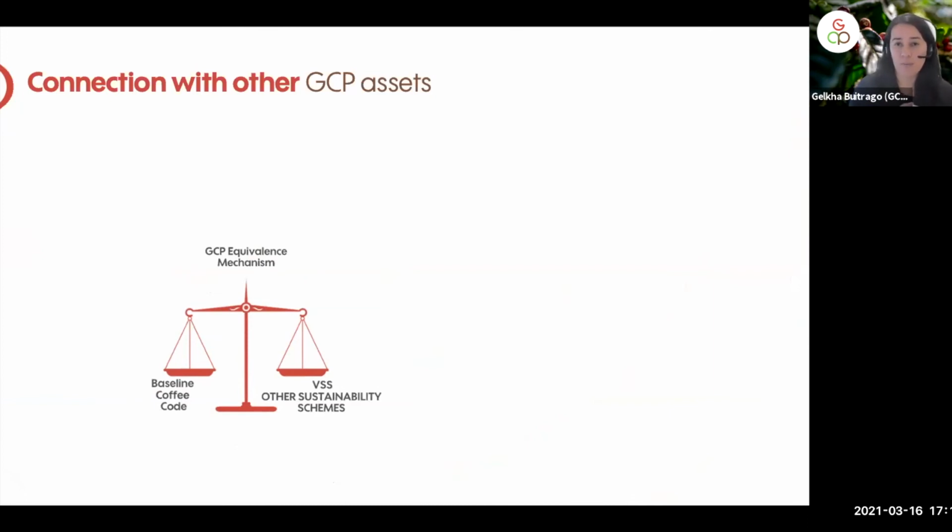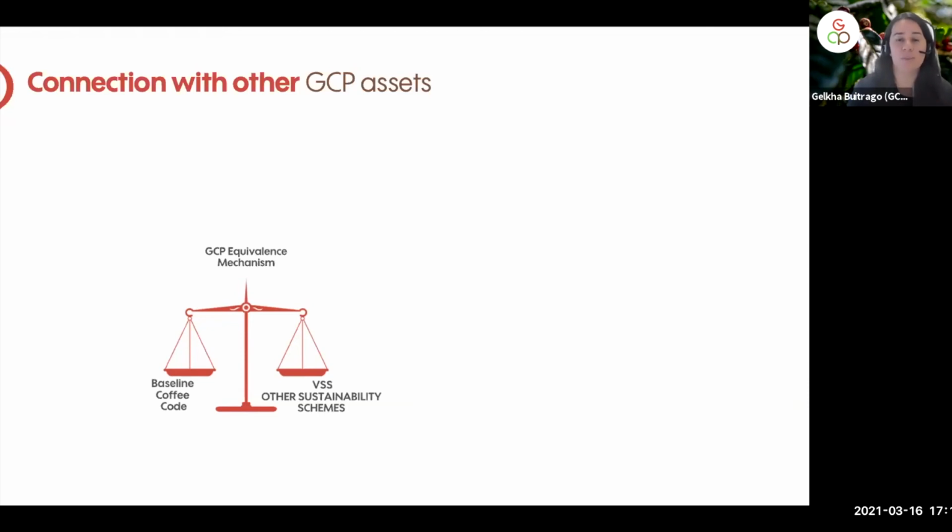So we look at whether they include the practices and the principles that we have in the Baseline Coffee Code, but we also look at how they are implemented. So what kind of assurance is behind it, what kind of data is being collected, and what kind of claims are being made around this scheme. So this is also quite an important piece of work, and the Baseline Coffee Code underpins this work.